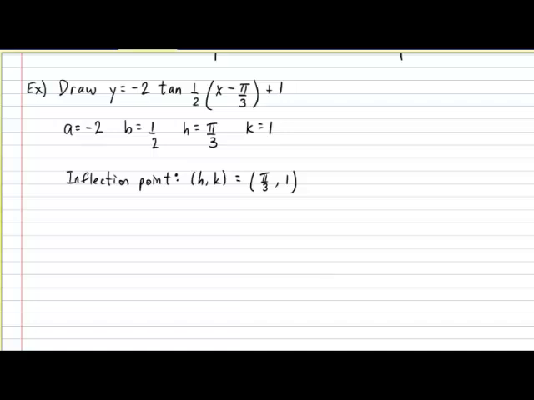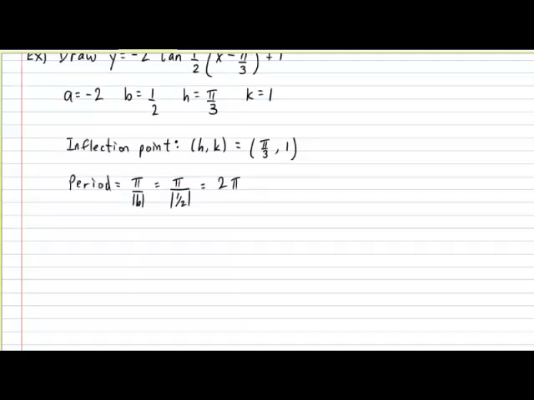Next, let's determine the period. In this example, the period is given by the calculation pi divided by the absolute value of b, which will give us 2 pi in this case. Next, let's determine two consecutive asymptotes. They are given by the calculation h subtract half the period and h plus half the period.